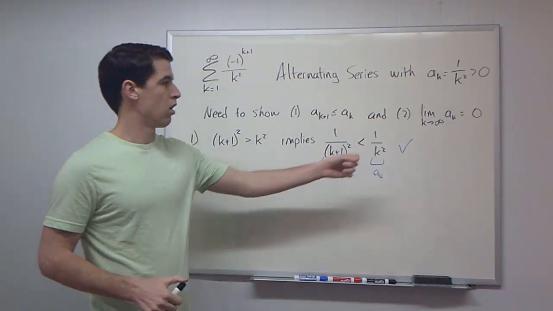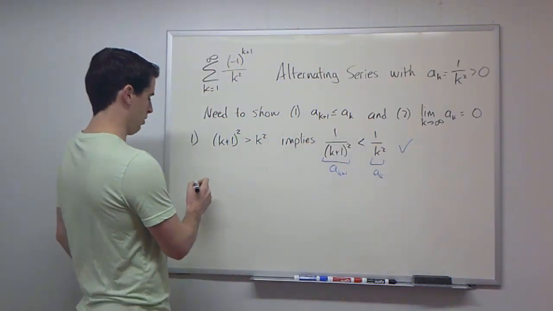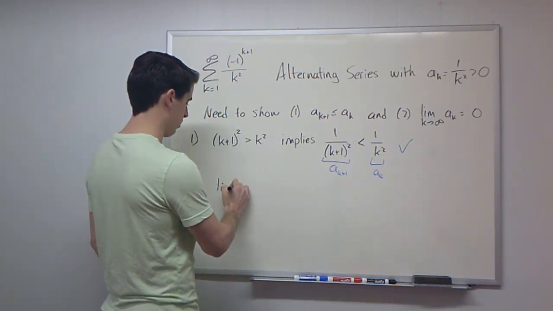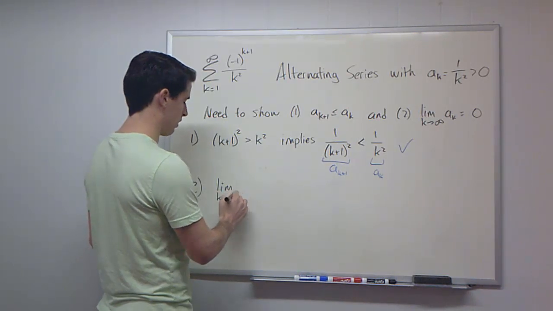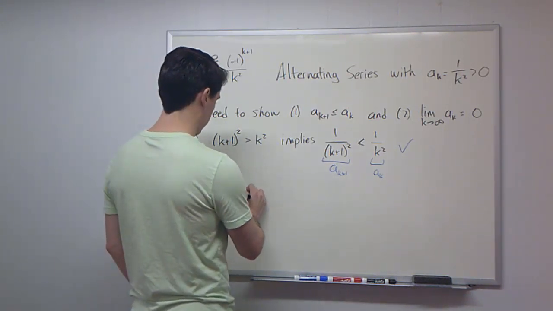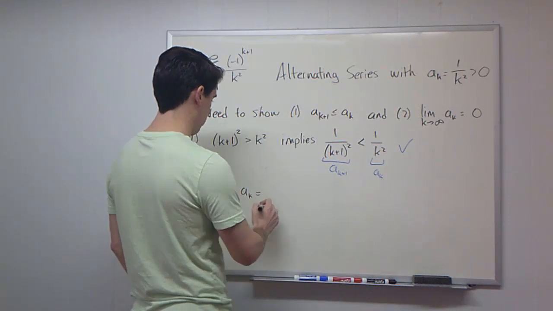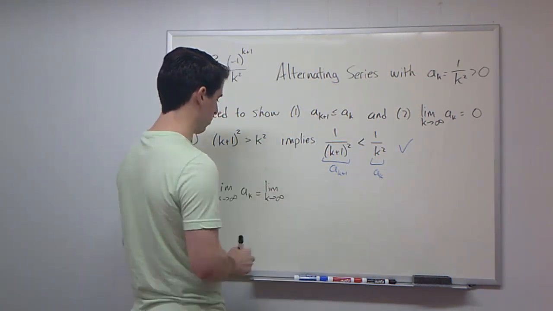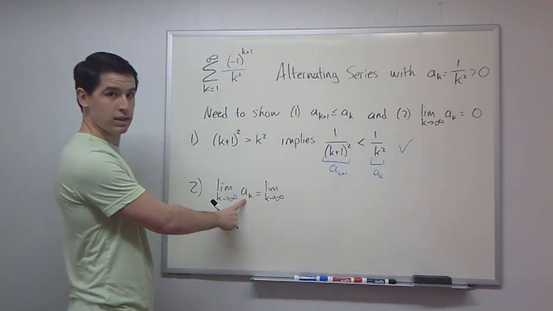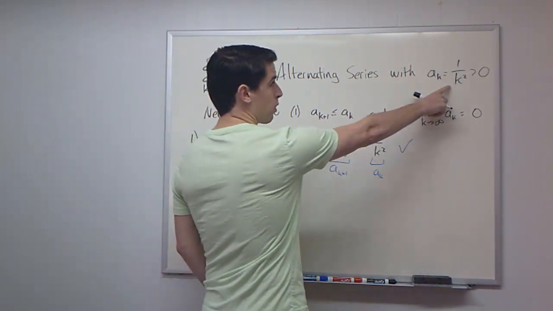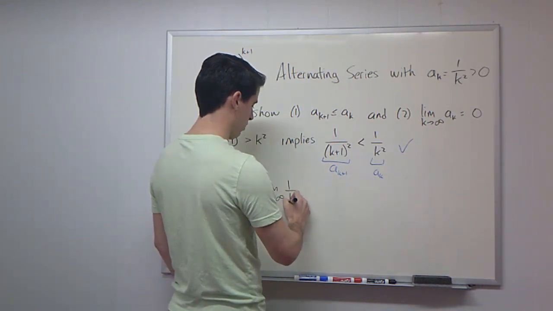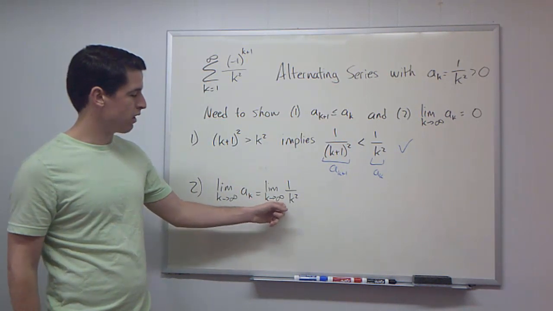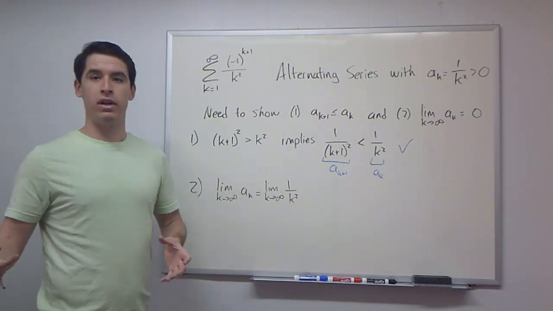Now for part 2, we need to show that this limit is 0. So we just look at the limit as k goes to infinity of a sub k, which of course is equal to the limit as k goes to infinity of, well, what is a sub k? A sub k is 1 over k squared. And now as k goes to infinity, my denominator is getting infinitely large.